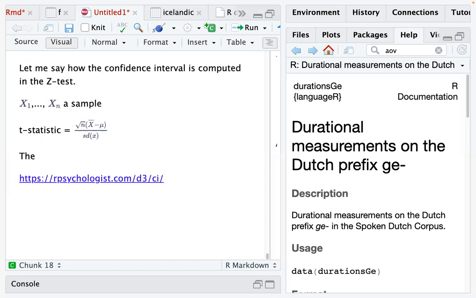Then the Z test works in the following way.